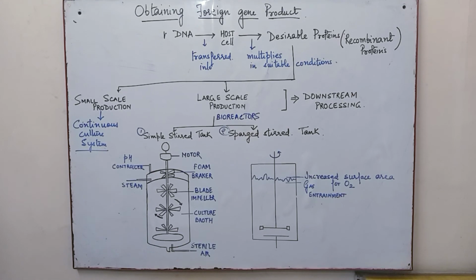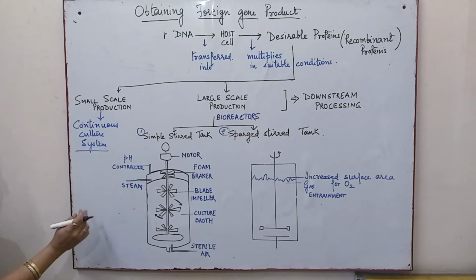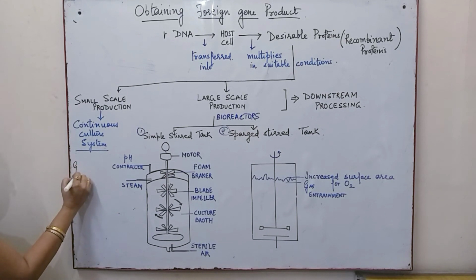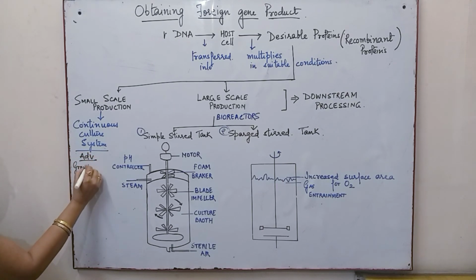Now when we talk of small scale production, there are also certain advantages and disadvantages to it. The main advantage is the growth occurs at a constant rate, because we are monitoring a small part.